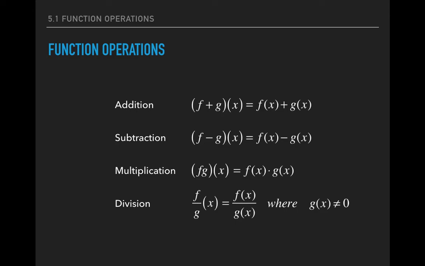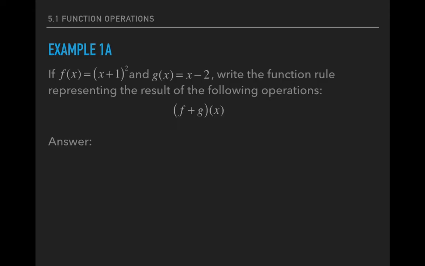So let's go ahead and look at some examples together. In this example 1, we're going to do addition of the function f and function g. And then we're going to write the rule. The rule is just the equation that would be the result of this operation. So f plus g of x.